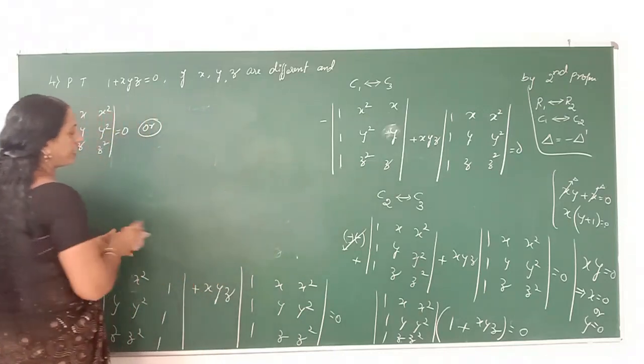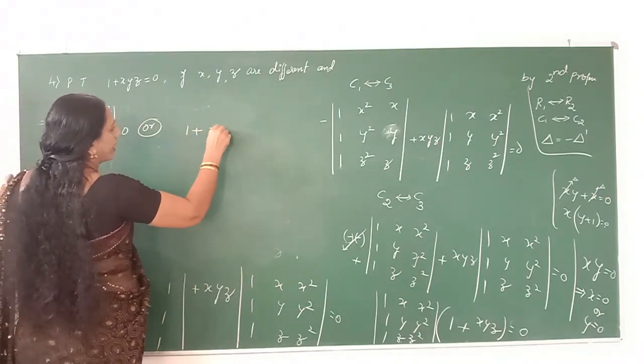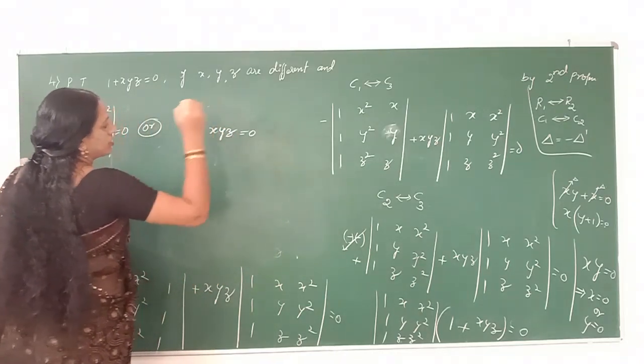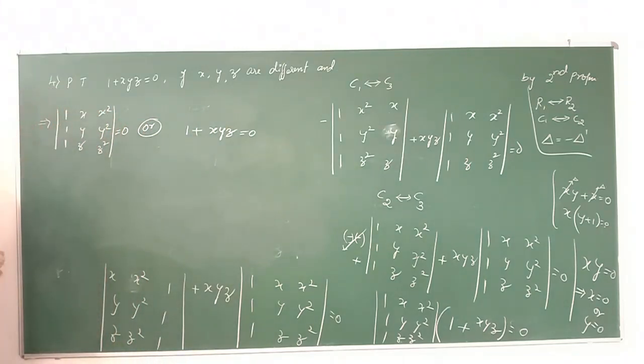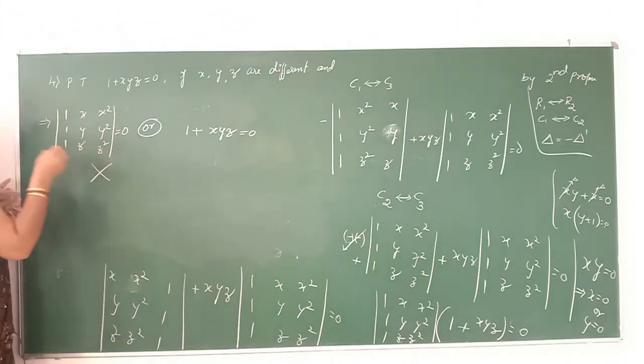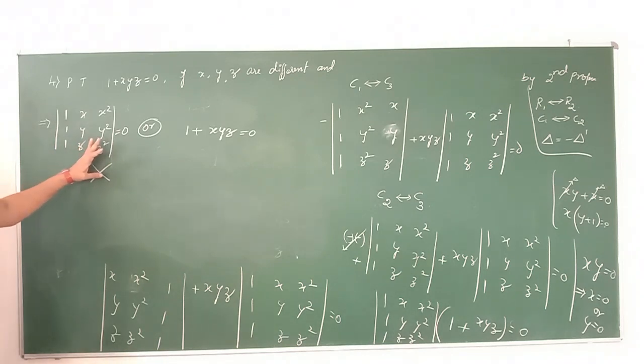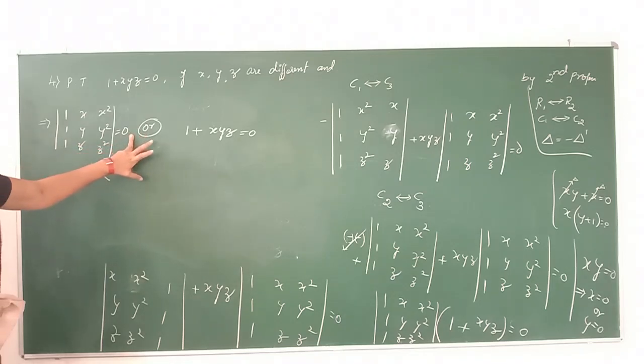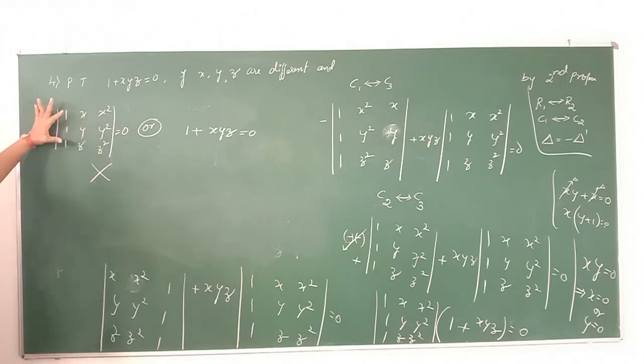Therefore in place of y we have 1 plus xyz equal to 0. But the first determinant is not equal to 0, because it is one of the problems we already did in the 4 mark question: the determinant with rows 1 a a square, 1 b b square, 1 c c square is equal to the product of a minus b, b minus c and c minus a. Therefore the value of the determinant is not equal to 0, because the solutions are in the form x minus y, y minus z, z minus x.